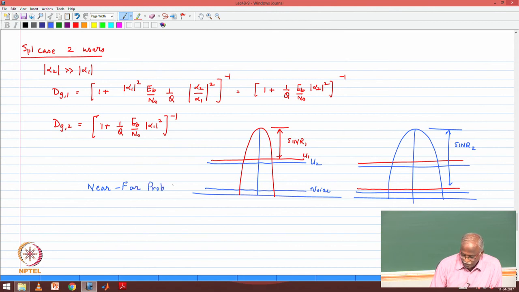Near-far problem. In this case you can think of user 2 as a near user who is transmitting with a lot of power, and because of user 2, user 1 is getting affected, and it may come to a point where user 1 cannot even be detected. So a near user who is transmitting with more power than he needs to will affect the detection of a user who is further away and therefore unable to communicate with the base station.